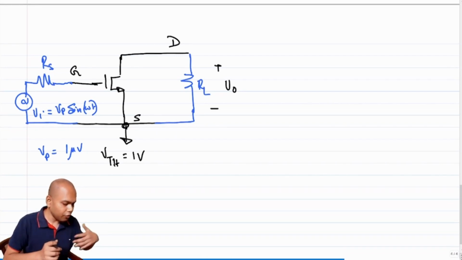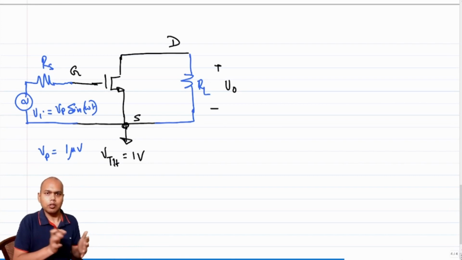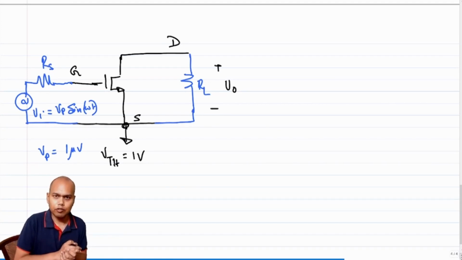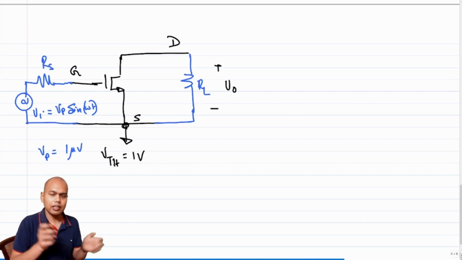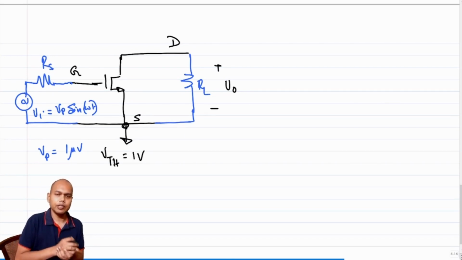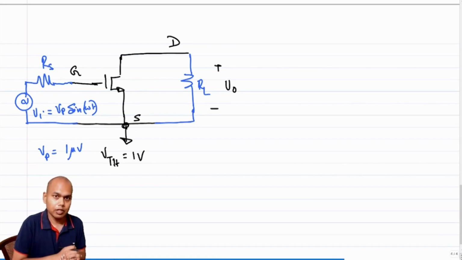So clearly I'll have to apply a voltage between the gate and the source which is larger than the threshold voltage, at least larger than the threshold voltage, in order to ensure that I get the requisite operation out of the MOSFET. At least I can get the MOSFET to turn on.